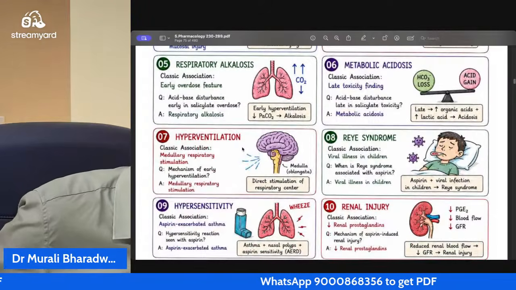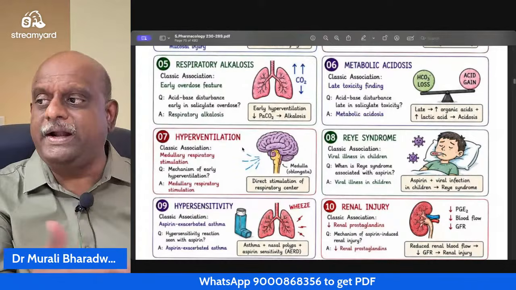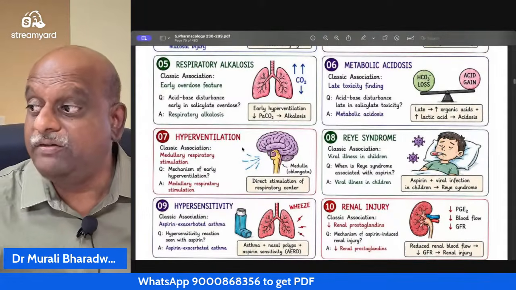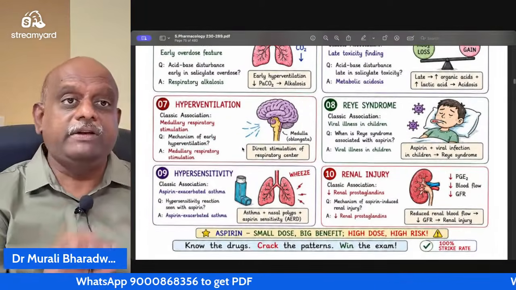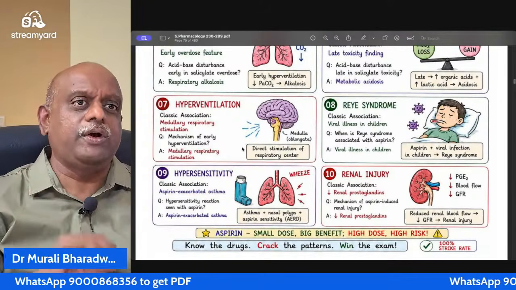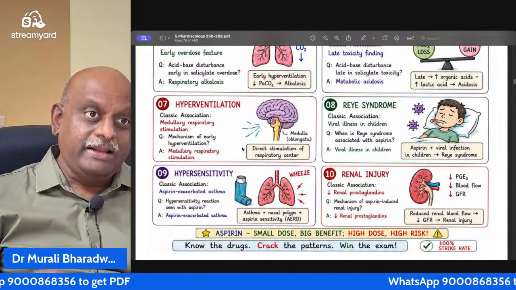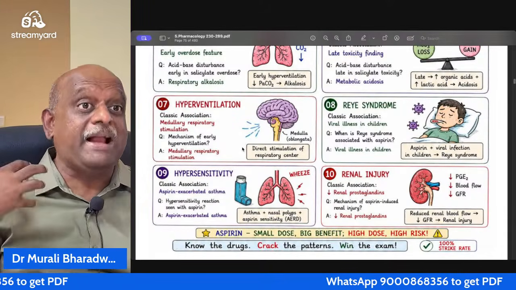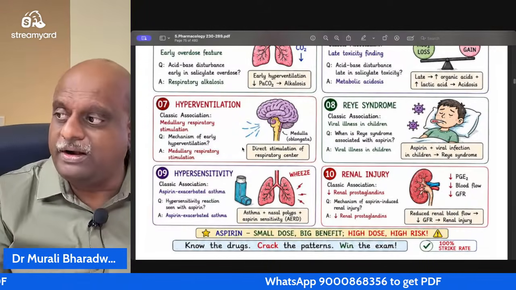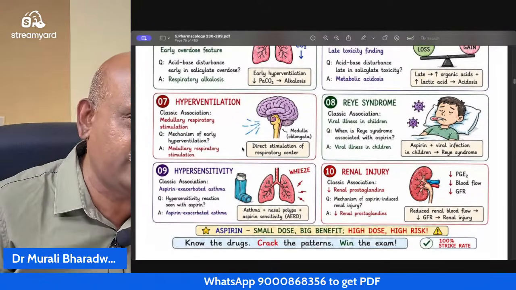And very important, whenever there is any viral illness in children, if you happen to give aspirin, that can lead to acute fulminant hepatic failure, which is called Reye's syndrome. So never give that in children.